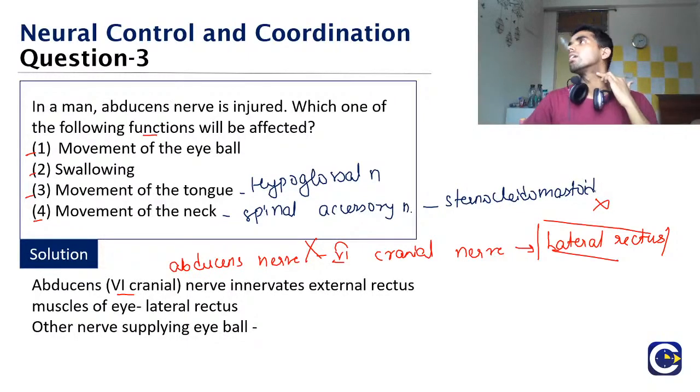This muscle that is getting taut is the sternocleidomastoid, and it is supplied by the spinal accessory nerve. And swallowing can be controlled by the vagus nerve, or it is voluntary also, the initial part. Hence the correct answer, yes Jivita, is option 1, that is the movement of the eyeball.